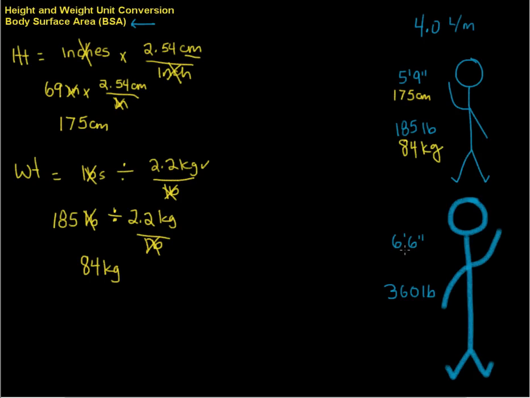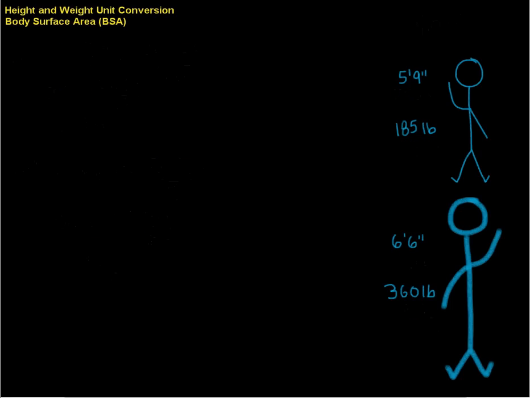Now looking quickly at this other example, somebody that's 6'6", that's 78 inches, and 78 times 2.54 gives us 198 centimeters. And they weigh 360 pounds, so 360 divided by 2.2 leaves us with 164 kilograms. So there's our conversions, there's our units, and now we can start talking about how we're going to take these numbers and calculate the body surface area.